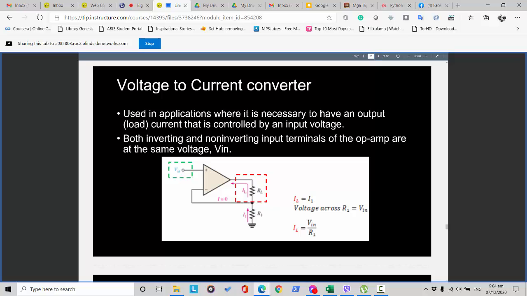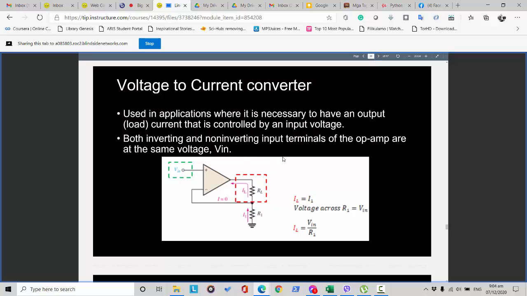And supposedly they can be converted into one another depending on the requirement. Now the voltage to current converter that you see here and the current to voltage converter that we have on the other slide, these are two circuits that help in many conversions, and these are also types of the linear applications of the operational amplifier.